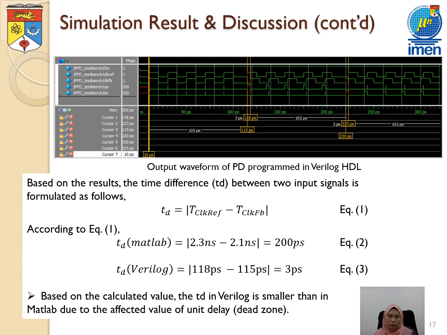From these two output simulations, we measure the difference between the two input signals of clock reference and feedback reference, and we find out that in MATLAB the difference is very high, equal to 200 picoseconds, and in Verilog only 3 picoseconds. So this is due to the delay that we need to insert in the MATLAB to compensate for the dead zone.